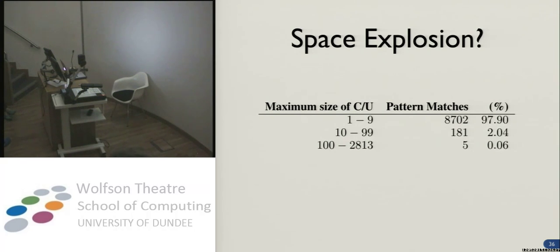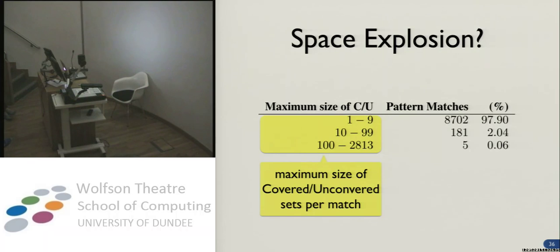And so we looked at all these different packages and looked at how big the sets that we use in these abstractions actually get. And so here you see 3 different categories of modules or pattern matches where we have different sizes of the sets that we're looking at, covered or uncovered sets, the maximum size.